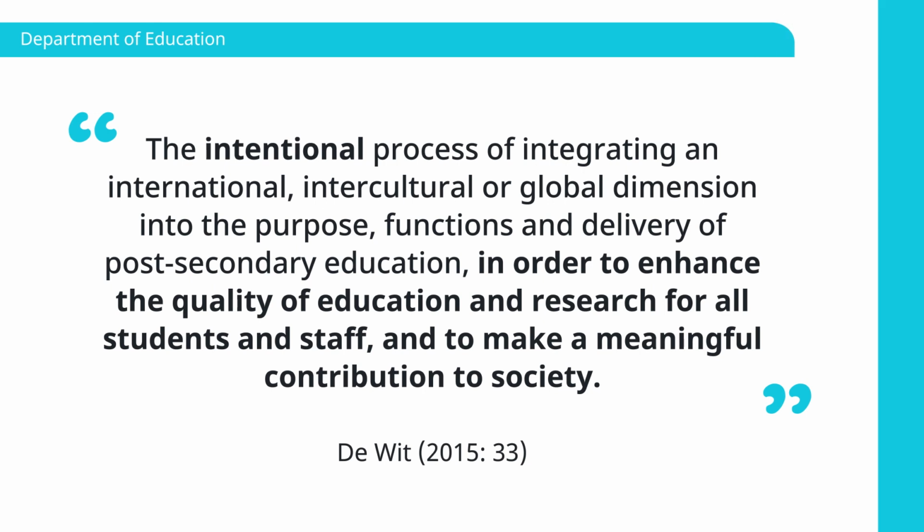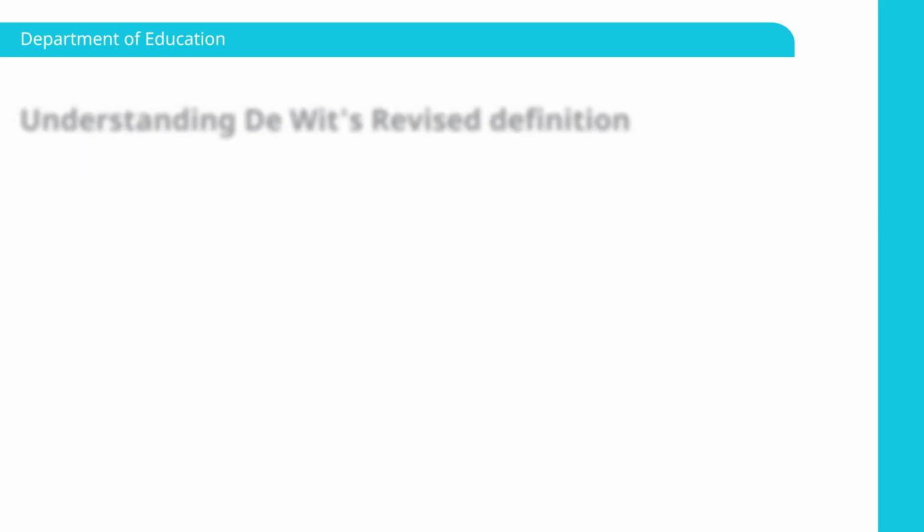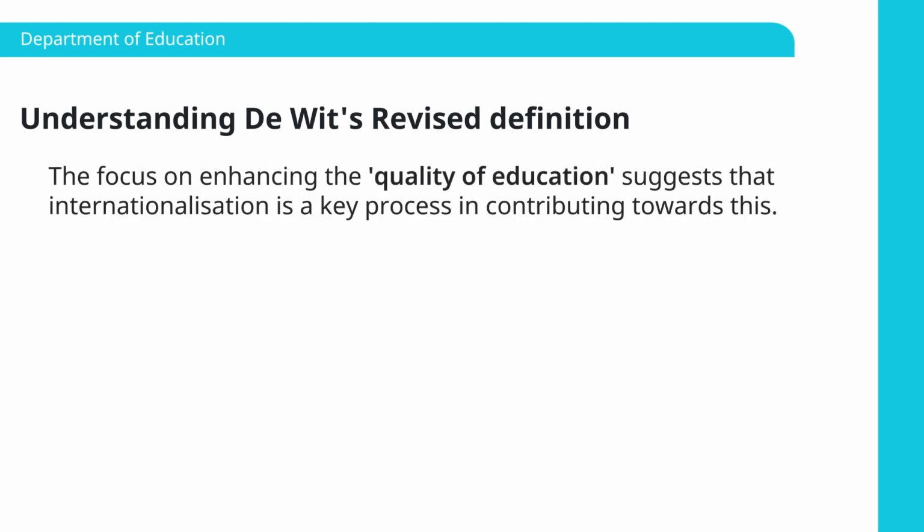And he also added this sentence at the end: in order to enhance the quality of education and research for all students and staff, and to make a meaningful contribution to society. De Witt also mentions that it should be about enhancing the quality of education. So a lot of questions have been raised around why do we internationalise? What's the purpose?